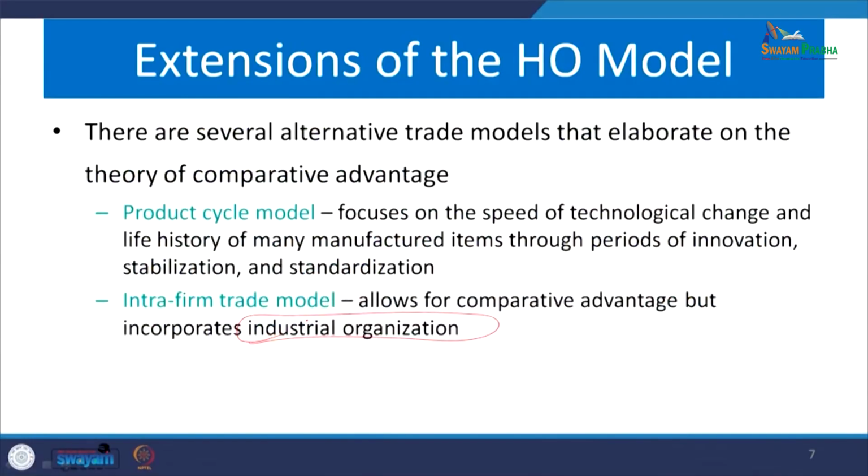Intra-firm trade allows comparative advantage, but incorporates industrial organization. It also emphasizes organizations, strategies based on organizations and groupism, basically collating with other strategies, other countries, other products.